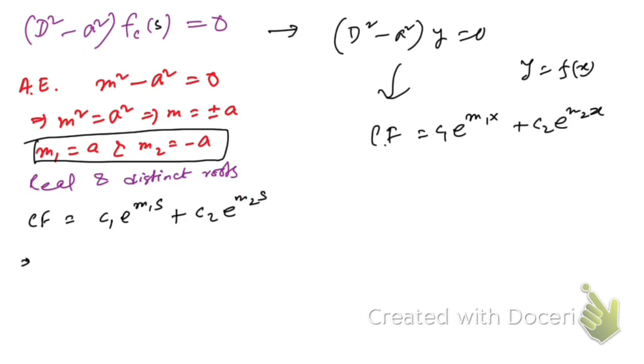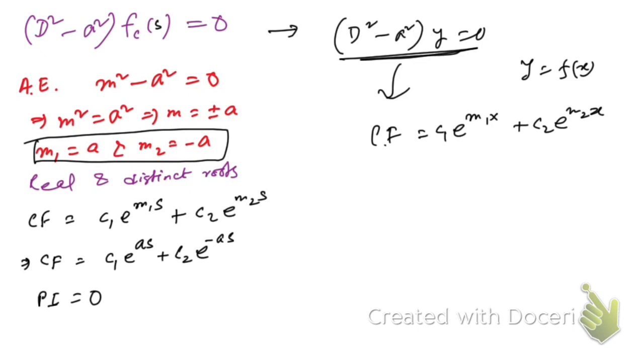So that is CF is equal to C1 e to the power as plus C2 e to the power minus as, and here PI is equal to 0, because for this type of equation, as we have 0 here, not a function of x, in this case PI should be 0.